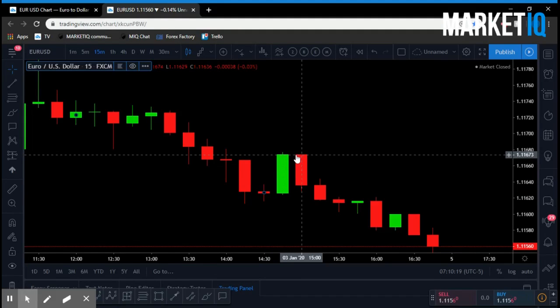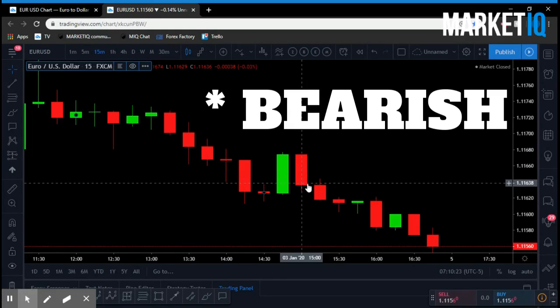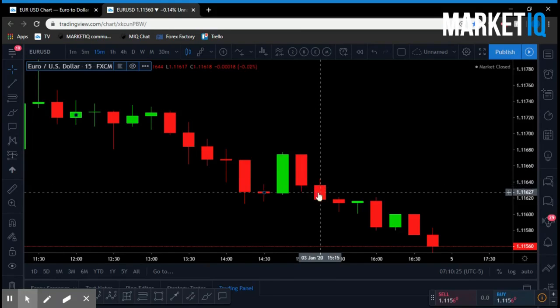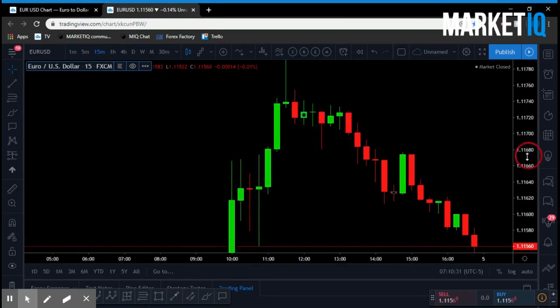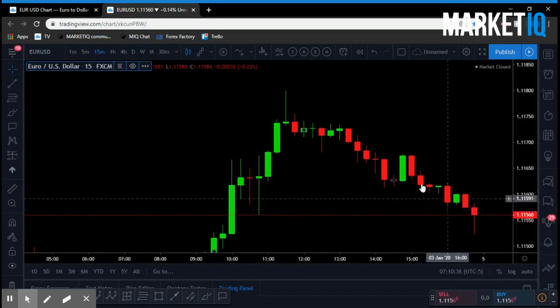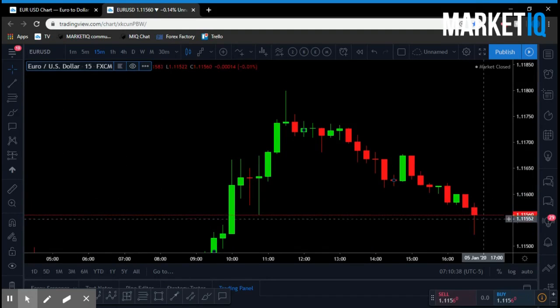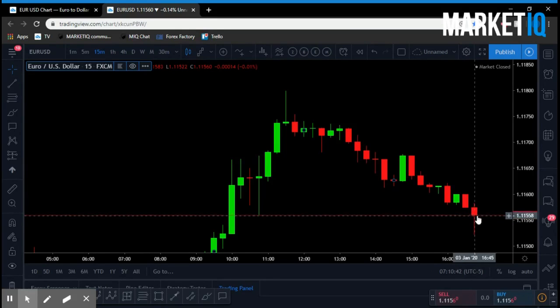And on the red one, it opened there and closed there. Open there, close there. Open there, closed right there. And then this one came down and then went back up before it closed.